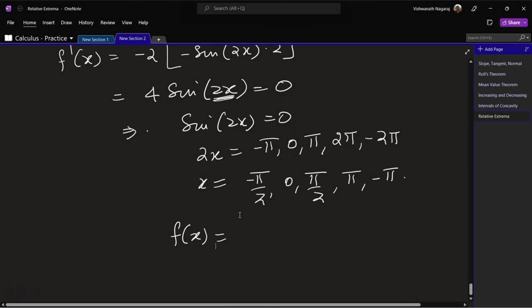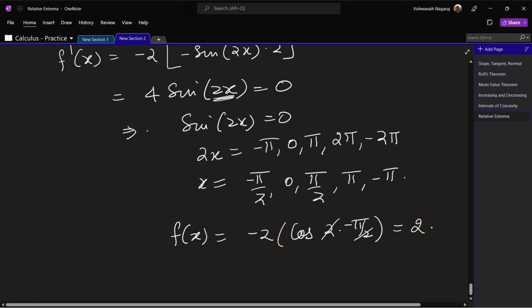So minus 2 times cos 2 times minus pi by 2. So 2 2 cancels. No, we can't multiply it like that. Cos minus pi is cos pi. So cos pi is minus 1. Minus 1 times minus 2 is 2.